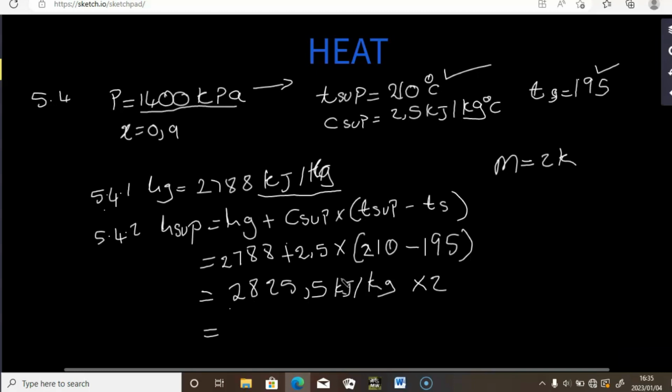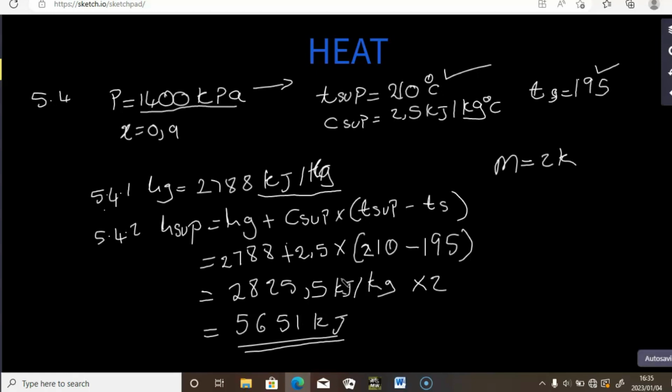I got that our answer is 5651 kilojoules, no longer per kg, but just kilojoules. And that is what they asked us to calculate, which brings us to the end of our lesson. I will see you on the next one.